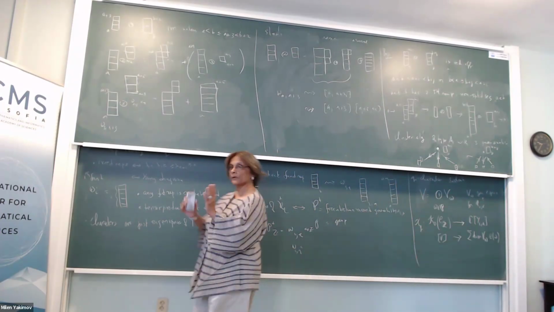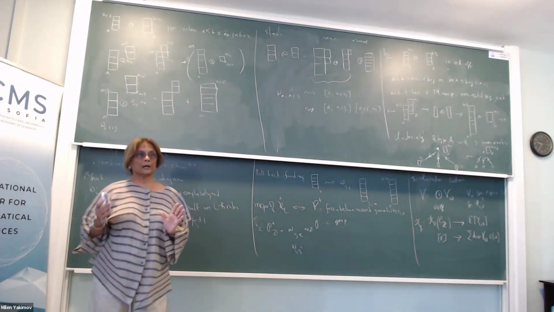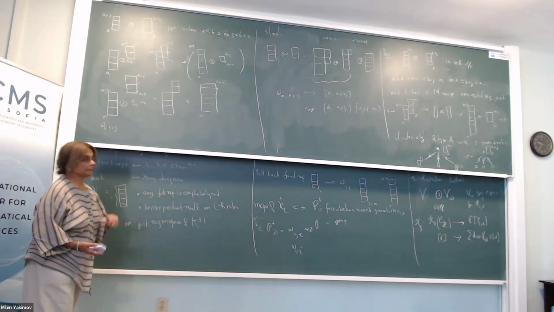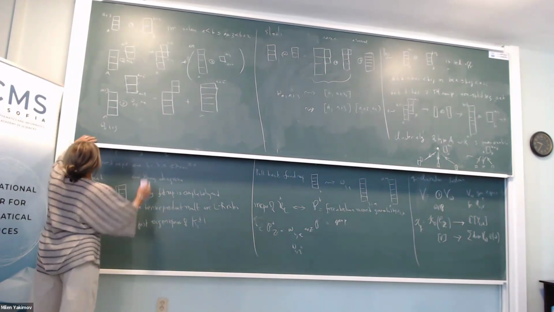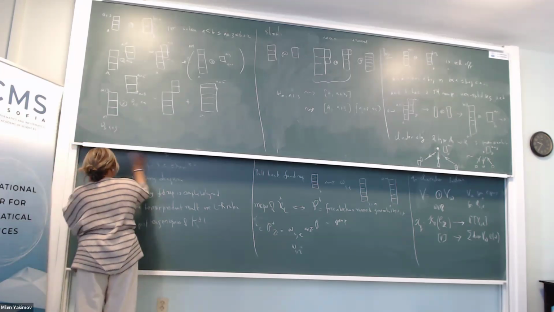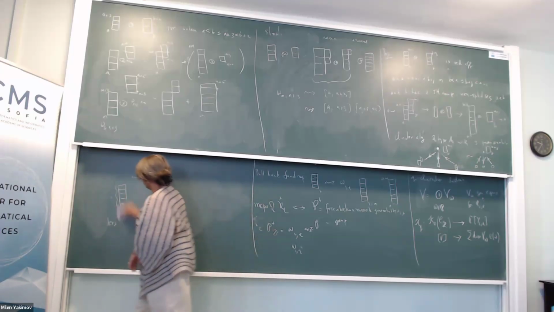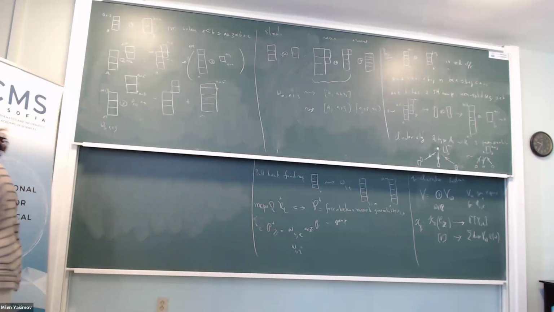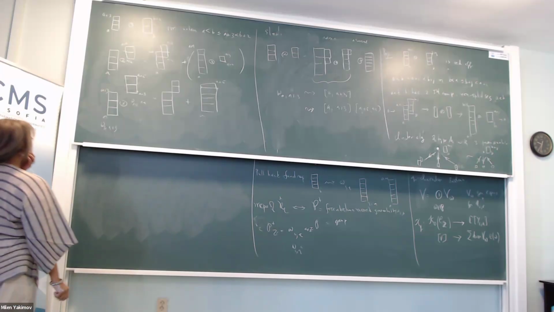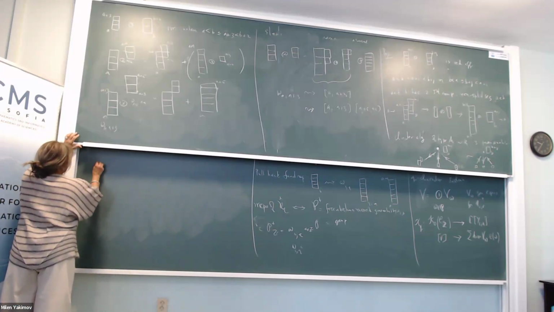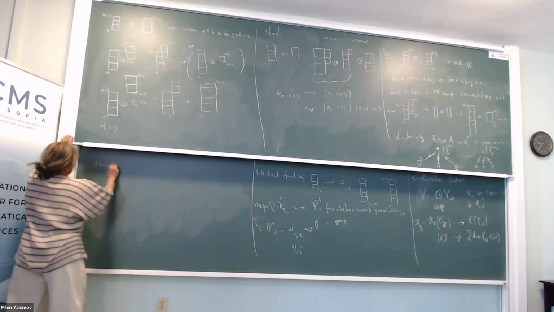So the skew diagram will always contain the SLM module coming from the Young diagram. Okay, since it's a non-semisimple category, one has a notion of standard modules.